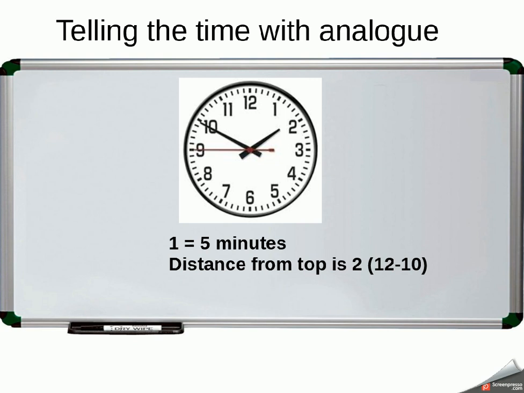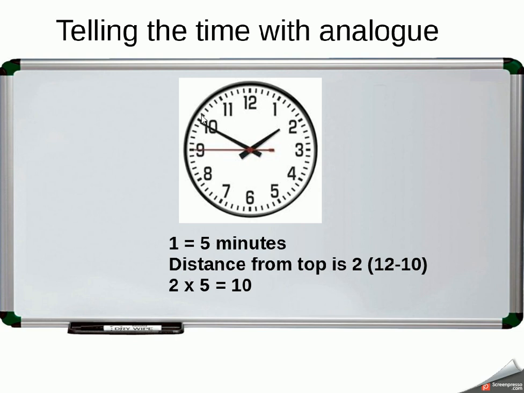So for instance, in this case, the distance from the top is two of these numbers. 12 take away 10 is 2. So we multiply that by 5 to tell us it's actually 10 minutes to, because notice I'm counting from the top. So the 11 would be 5 minutes to, the 10 would be 10 minutes to.